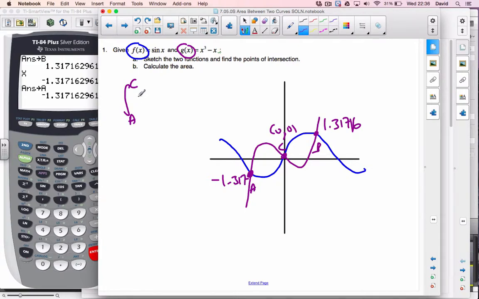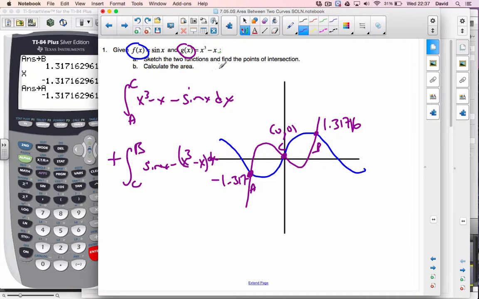So it's the upper curve, x cubed minus x, minus the lower curve of sine of x, dx. I'm going to take that and then add it onto from C to B of, again, it's going to be sine of x, though, minus x cubed, careful with your parentheses, minus x, dx. Add those up and it will work.